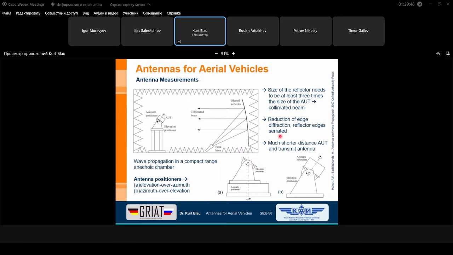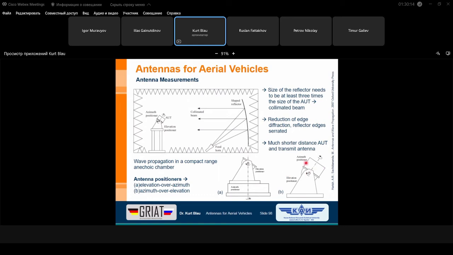And here we have, in principle, the same, but it's named elevation positioner, and azimuth over elevation. This is the azimuth positioner, means the antenna is located in this, or the positioner is located in this plane.